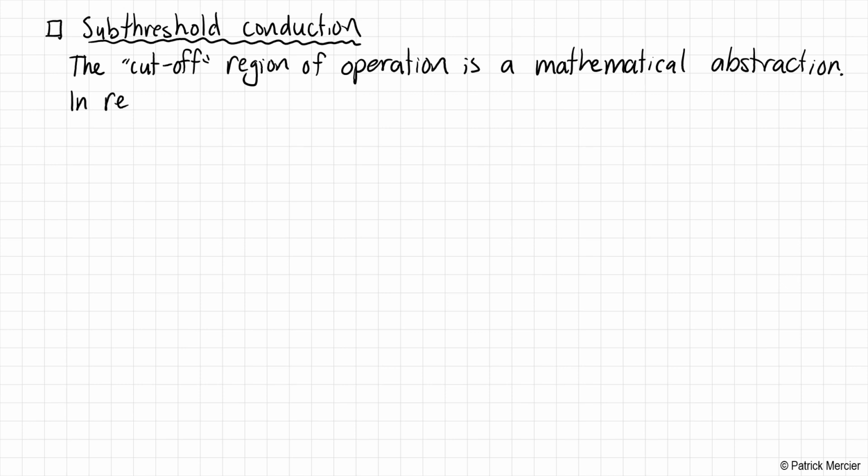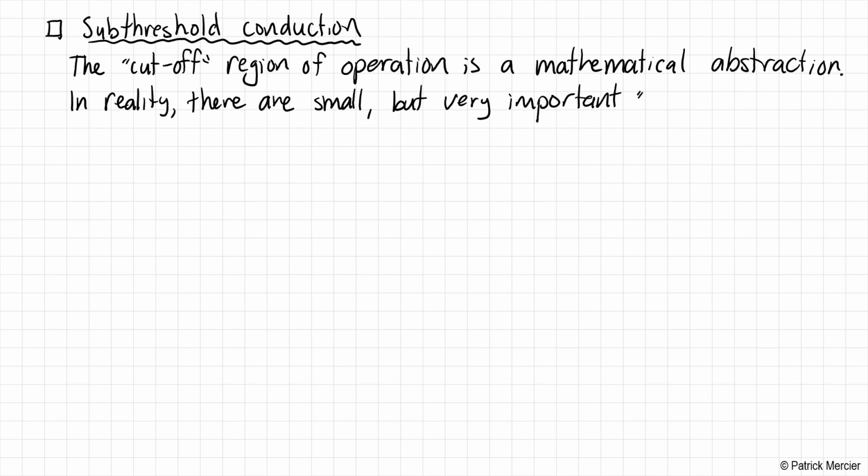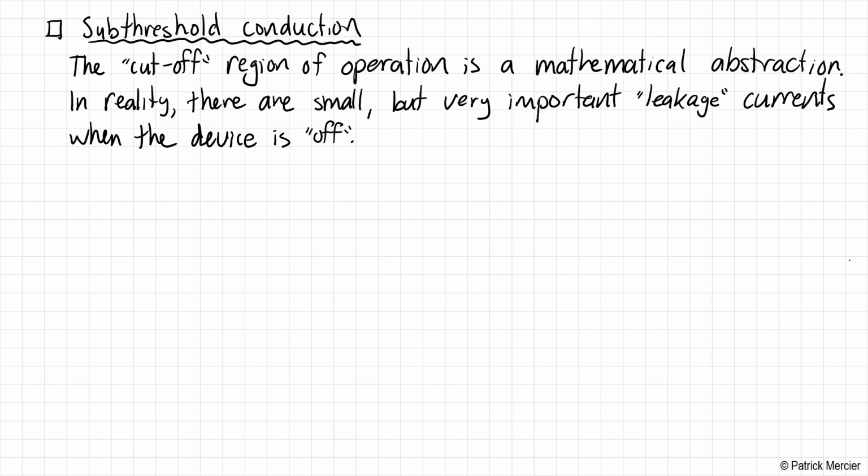In reality, there are small but very important quote-unquote leakage currents that flow through the device when the transistor or the device is quote-unquote off. Okay, so what this means is we have the device that VGS is, say, for example, 0.